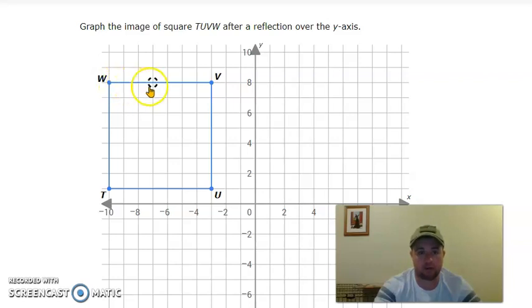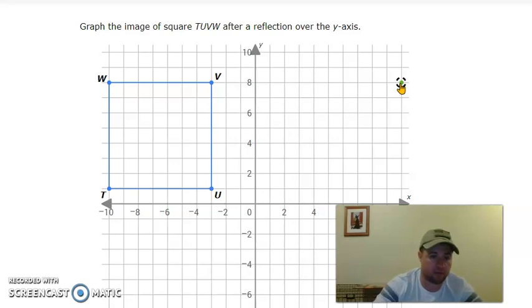1, 2, 3, 4, 5, 6, 7, 8, 9, 10. Now I'm going to count on the other side too, because if it's 10 away from the mirror, its reflection is going to be 10 away from the mirror. 1, 2, 3, 4, 5, 6, 7, 8, 9, 10. Okay.